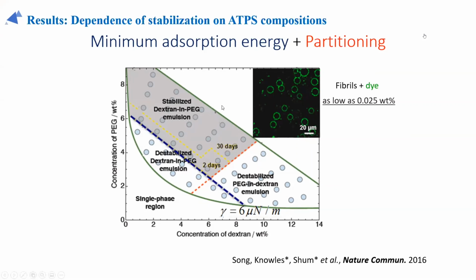So this is what we call partitioning. The nanofibrils partition to the PEG phase. So if the nanofibrils are stabilizing the droplets against coalescence with each other from outside the droplets, the stabilization ability is better than if the nanofibrils try to stabilize the droplets from within the droplet. So this is what we found.